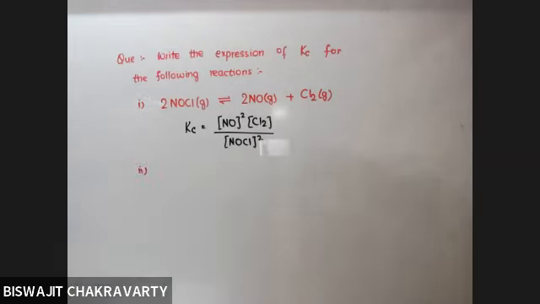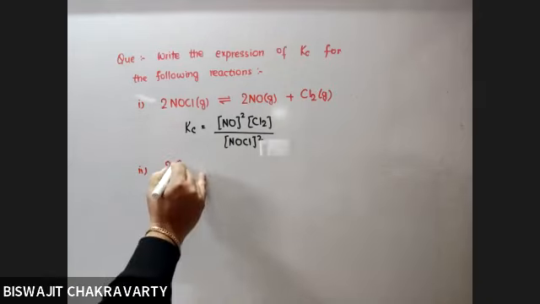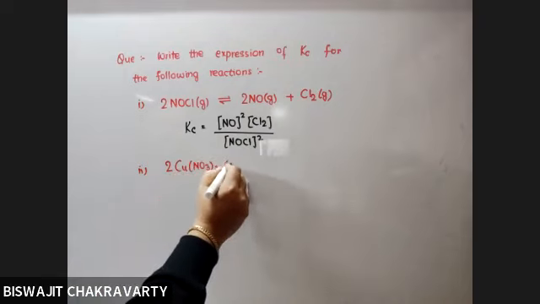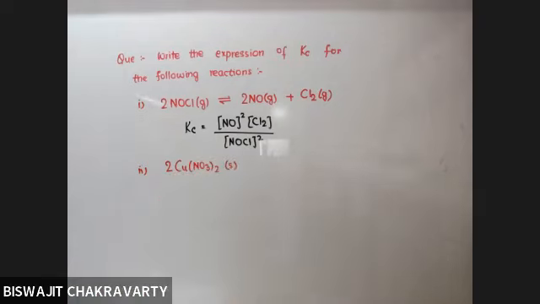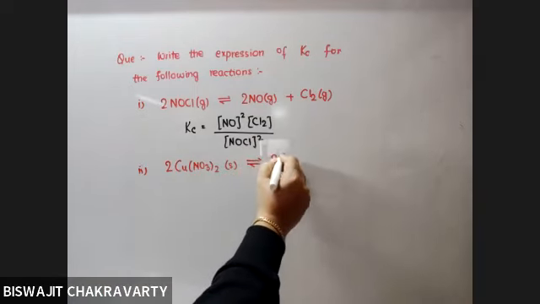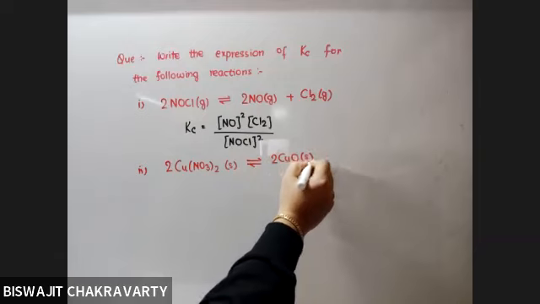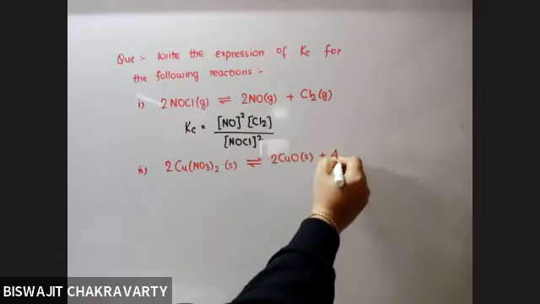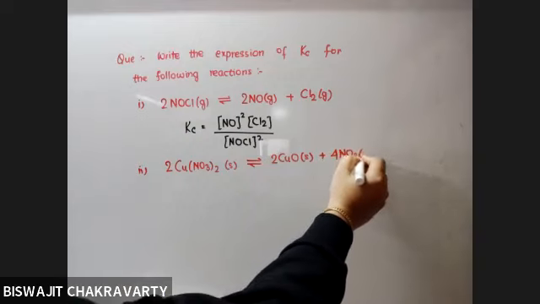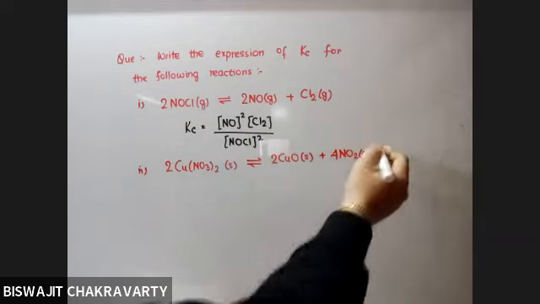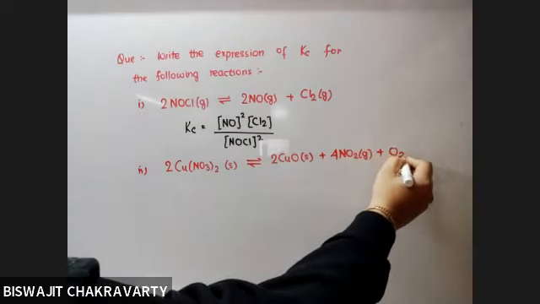Number 2, 2 moles of copper nitrate, which is solid, reversible, 2 moles of copper oxide, which is solid, 4 moles of nitrogen dioxide, which is gas, 1 mole of oxygen, which is gas.